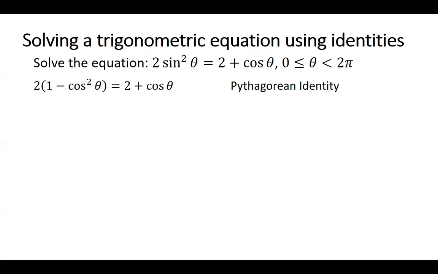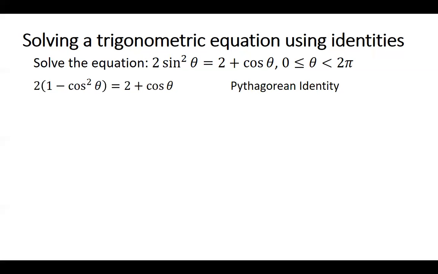2 sine squared theta. Well, sine squared theta, if I use a Pythagorean identity, remember sine squared theta plus cosine squared theta is equal to 1. So if I solve that for sine squared theta, I find out that sine squared theta is equal to 1 minus cosine squared theta.